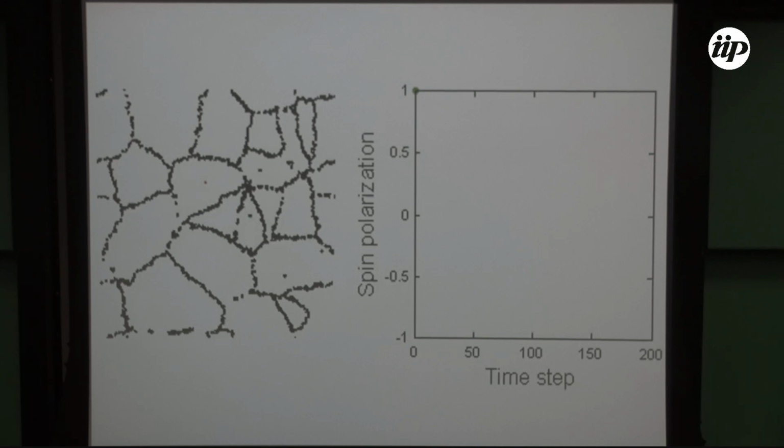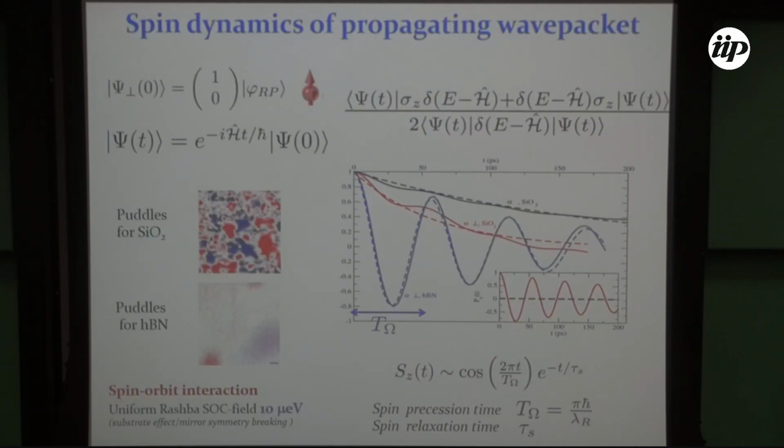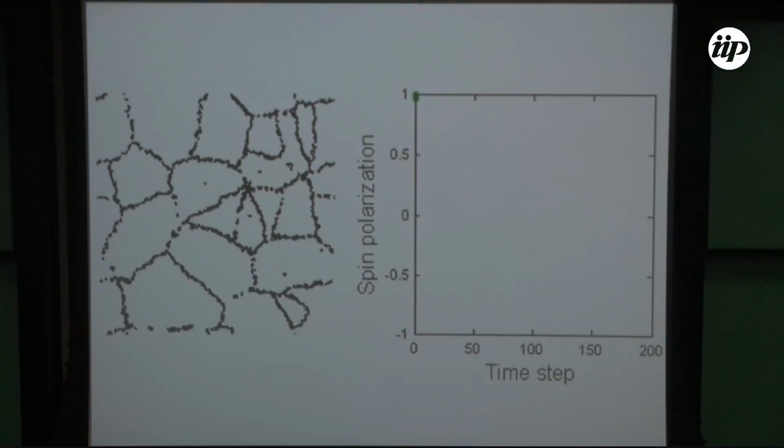So this is kind of a movie, where, let's see if I can make this work. No, I can't. Maybe I click here. Yeah. So there is a spin at time 0, and the spin is injected in the center of a grain boundary, and then it precesses with an in-plane Rashba.